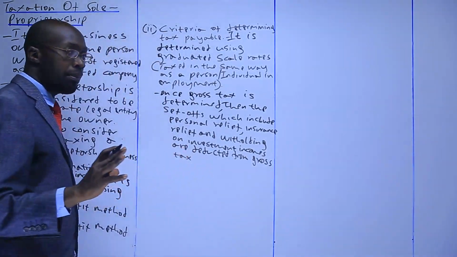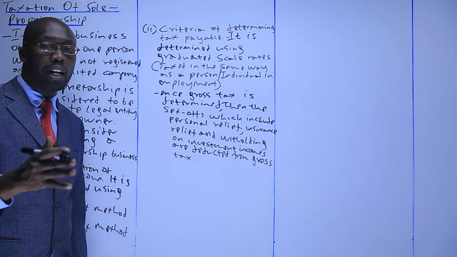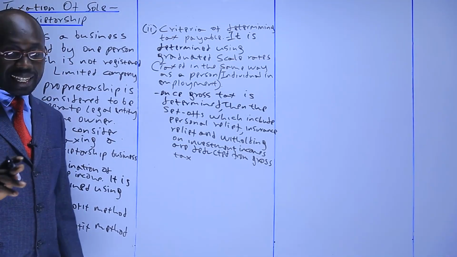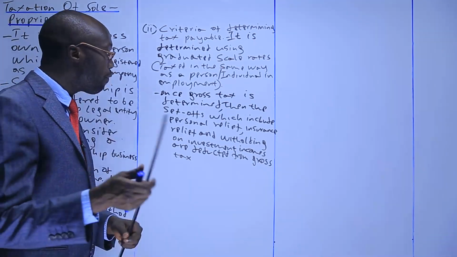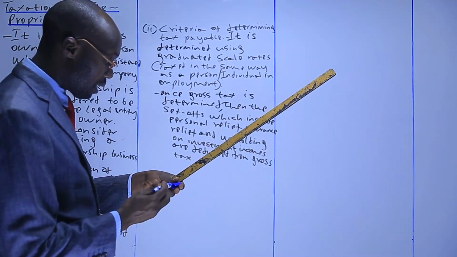Once you determine the gross tax that is payable after you graduate, make sure that you deduct these three items. They are called set-offs, but we deduct them from the actual tax this person is supposed to pay.